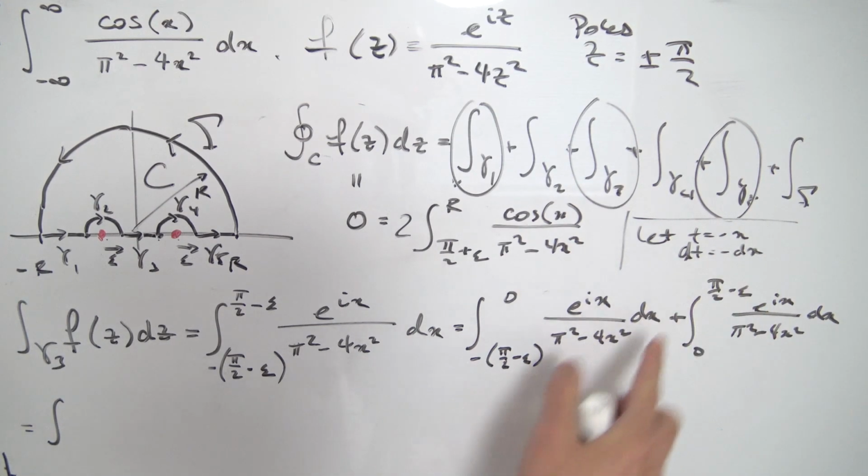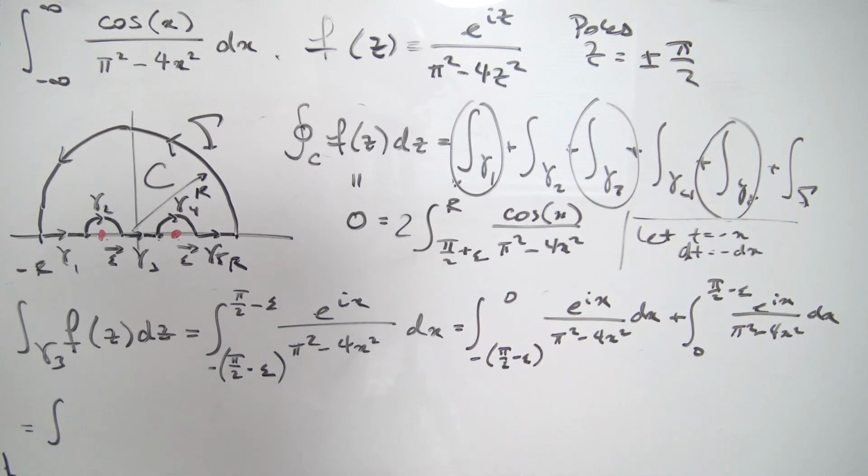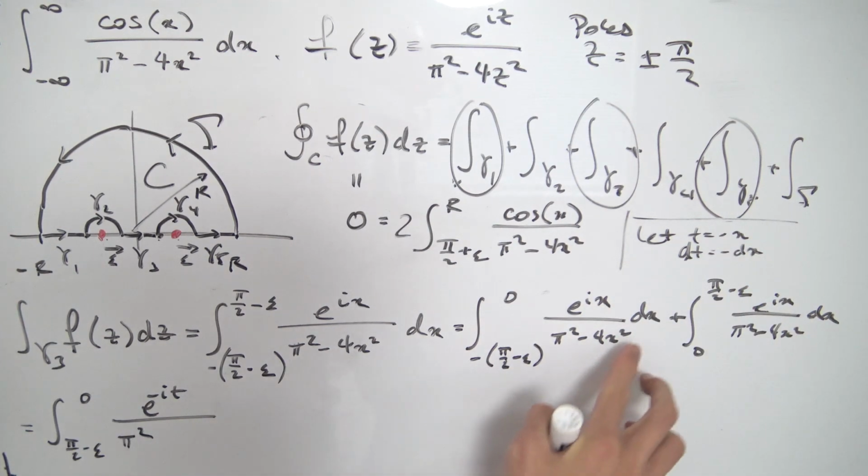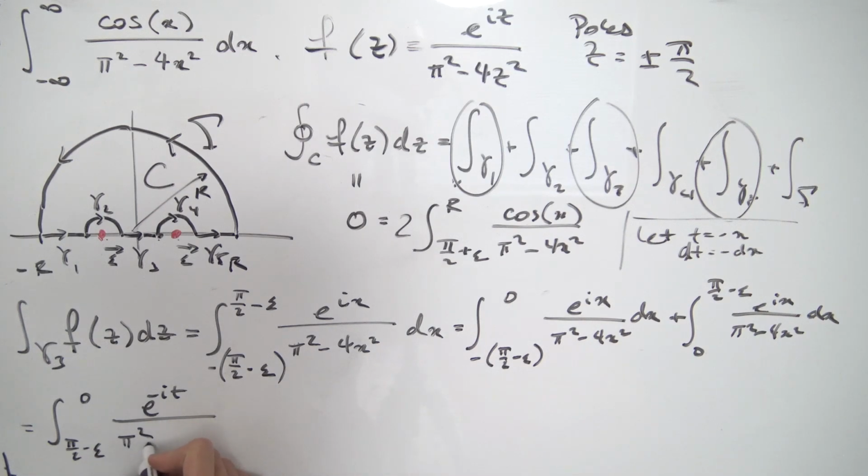So if we apply the substitution to this integral right here, what are we going to get? First of all, this is going to turn into its positive version. So we're just going to have pi on 2 minus epsilon, and we're going to go all the way up to 0. And then e to the minus it, just like before, because x turns into minus t, and then pi squared minus 4t squared, like so, noticing x squared again is an even function, and then minus dt, because that's exactly dx.